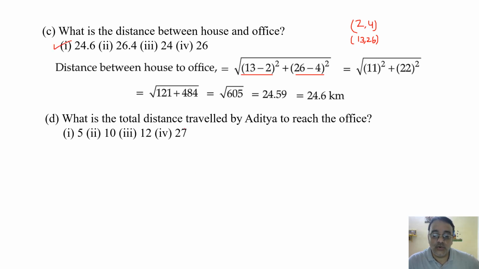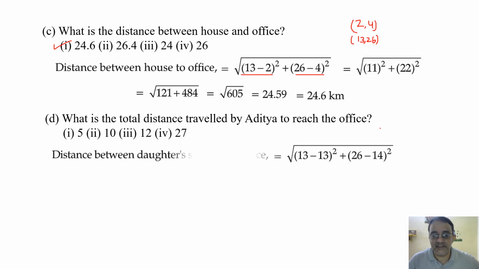Now, what is the total distance traveled by Aditya to reach the office? So first he went to bank, then daughter school, then to office. ठीक है, तो हम लोग के पास एक ही डिस्टेंस नहीं है, डॉटर स्कूल टू ऑफिस. सो दैट इज 13, 14 एंड 13, 26.